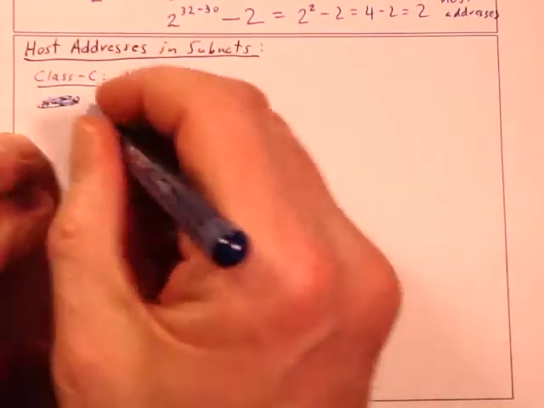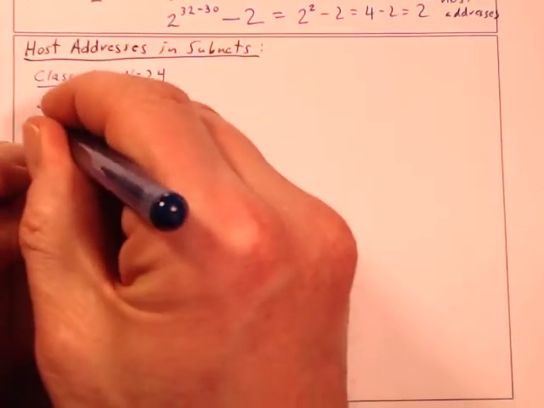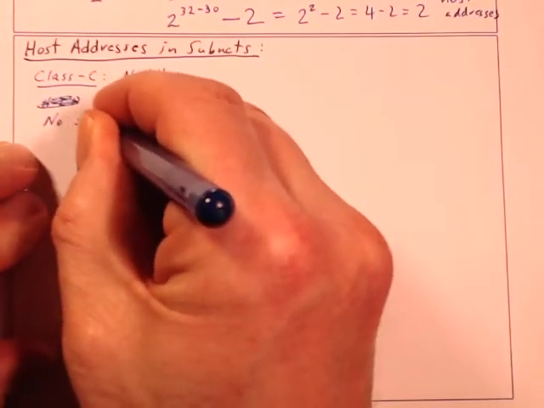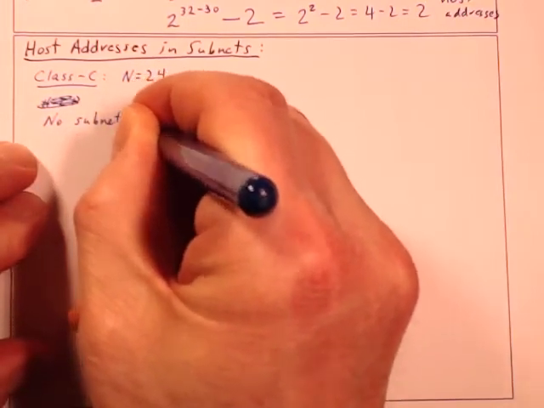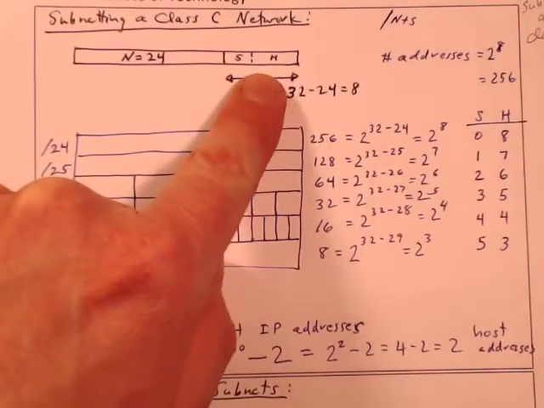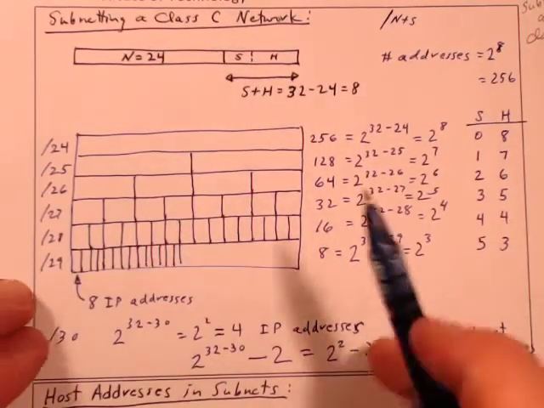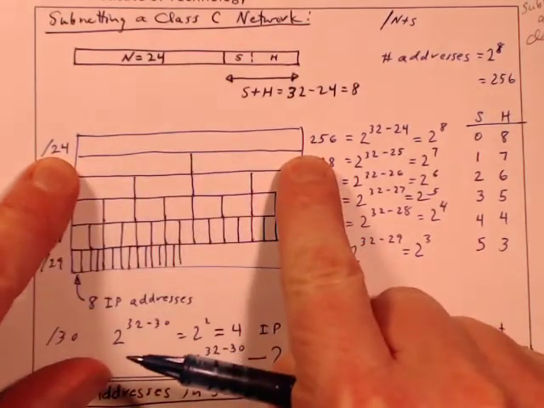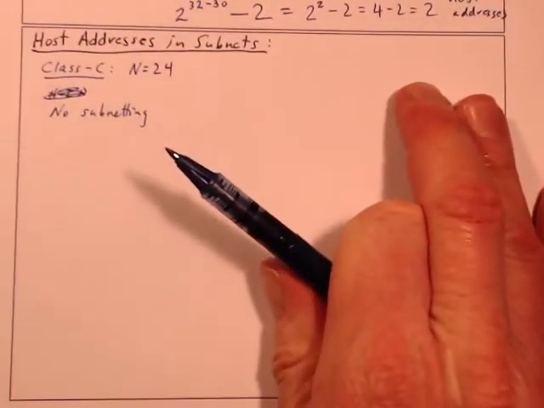Okay, so let's start with the case of no subnetting. Then all of the 8 remaining bits are going to be used for host addresses. S is going to be 0. So all 256 are in one block, just like in the previous video.